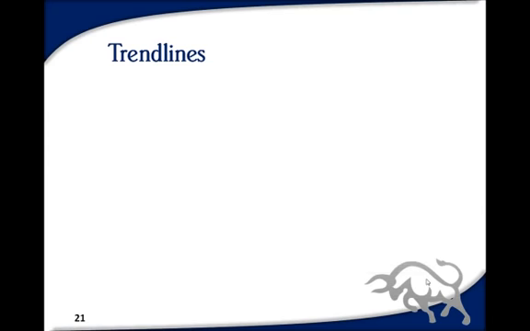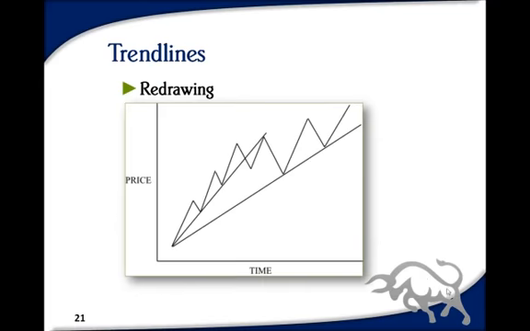Now here's an example of redrawing. The trend line started off steeply, like that chart we just looked at. It was supported, and we got 3 touches. But then the price dropped through, came back up to touch the trend line, which became a resistance. Then it dropped back down, and we've got another couple of lows there, which form a straight line, which we take back to the start of the trend.